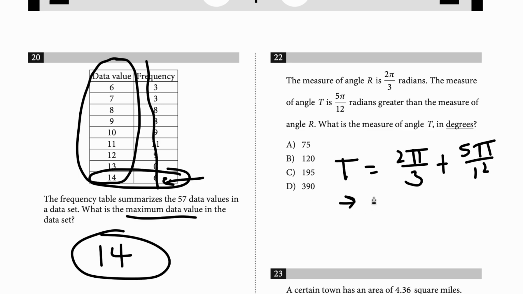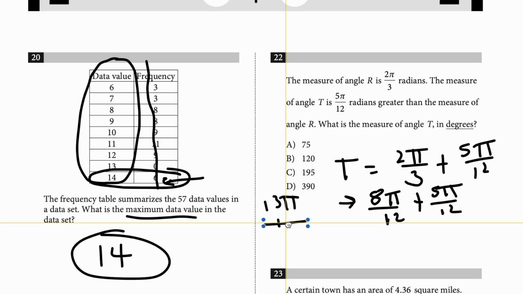Simplified, it would be 8 pi over 12 plus 5 pi over 12, which would become 13 pi over 12.